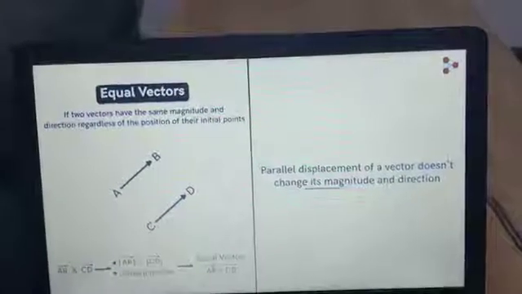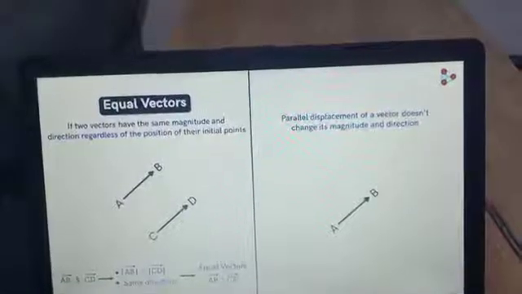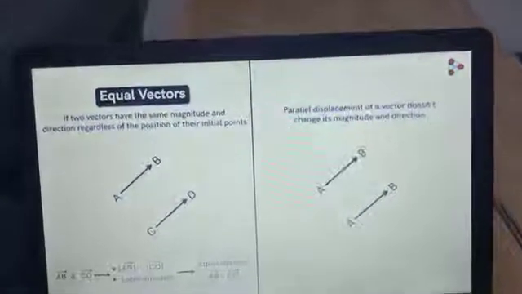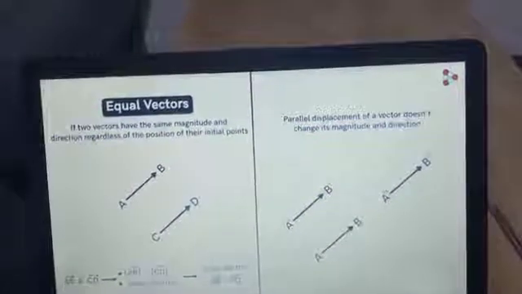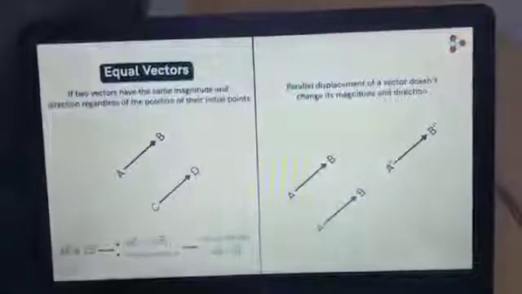You can't say two vectors are equal even if they have equal magnitude when they have different directions or different quantities. For example, displacement and velocity, acceleration and velocity, momentum and force.